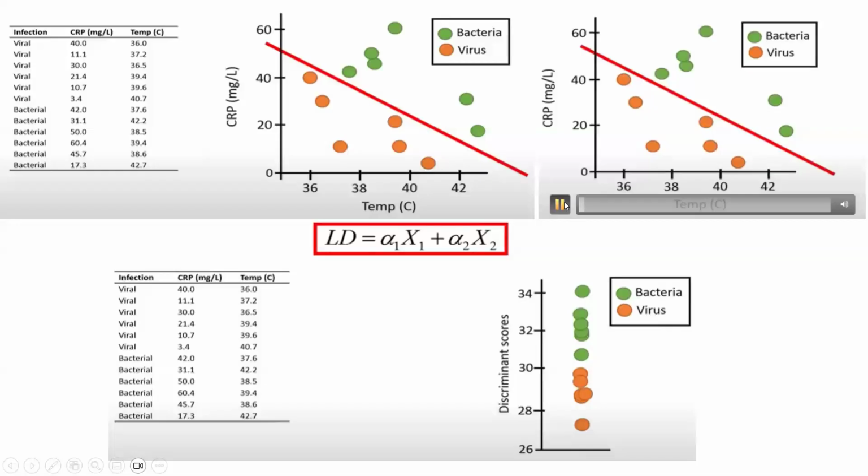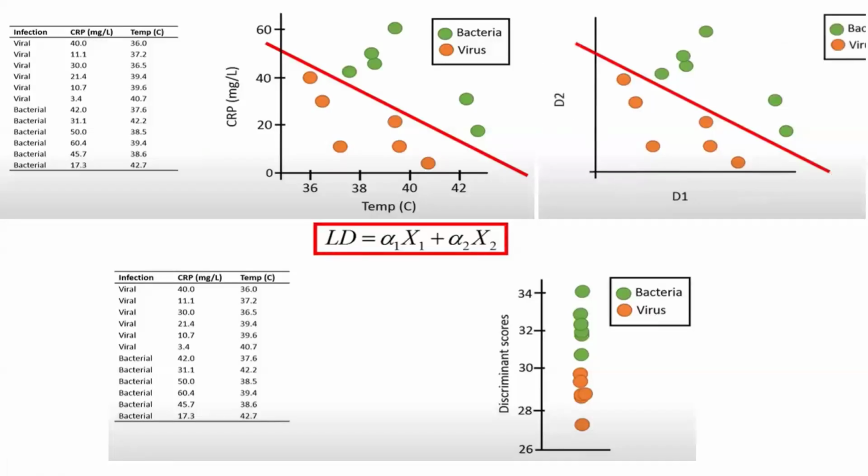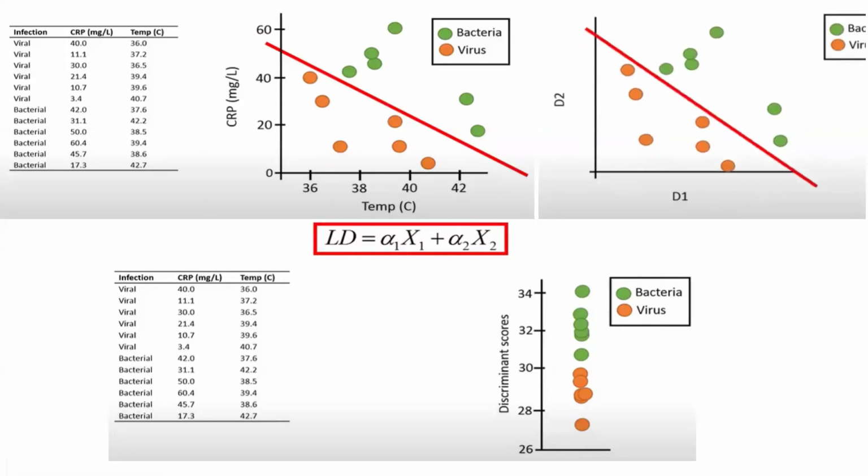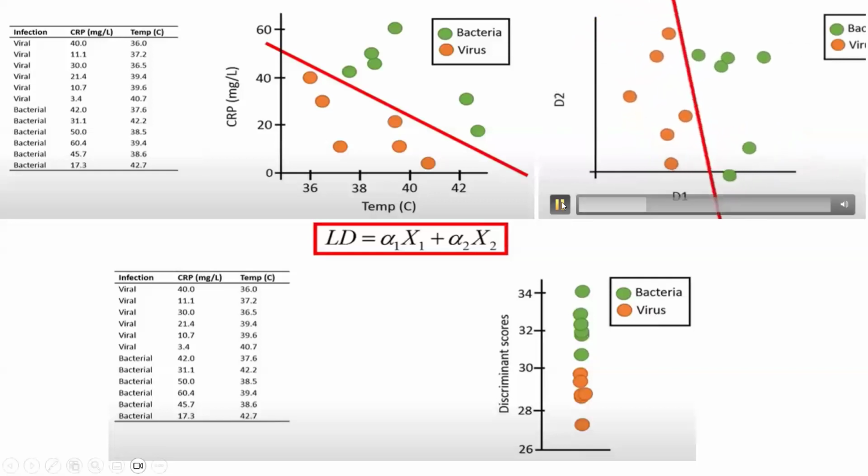So now we plotted both CRP values and temperature values, and we are also able to figure out a line which is separating both the classes.